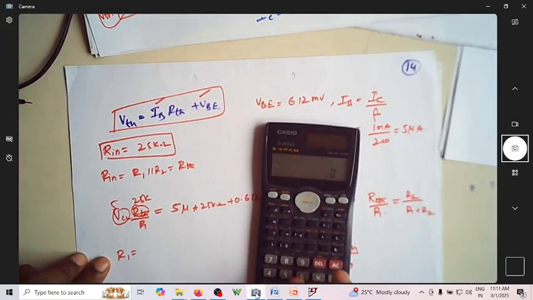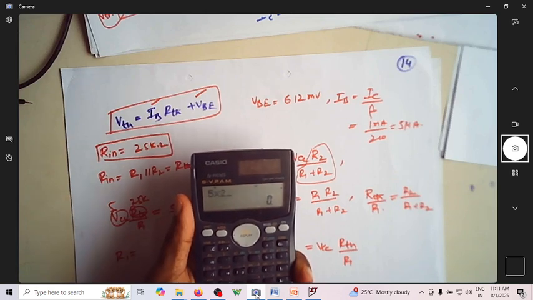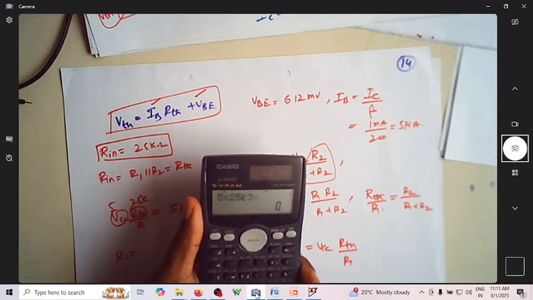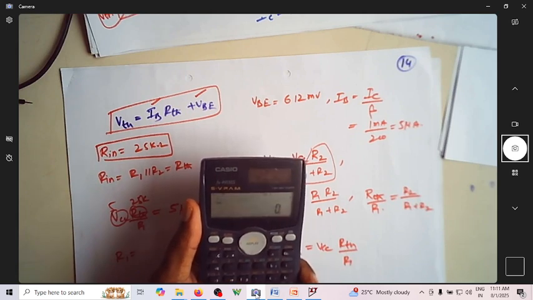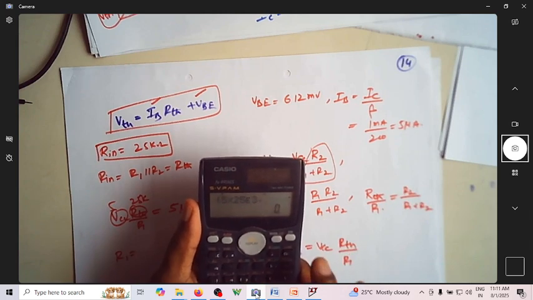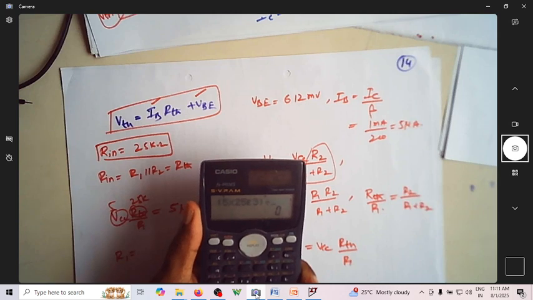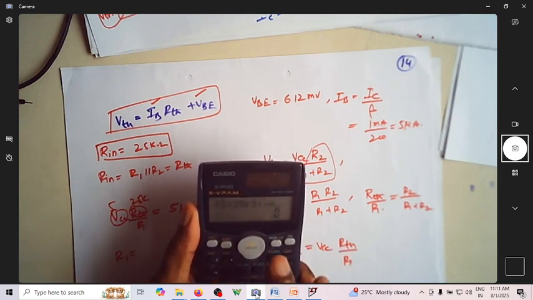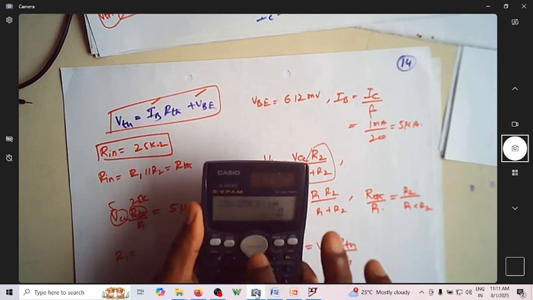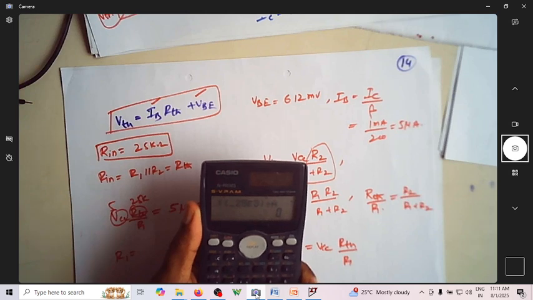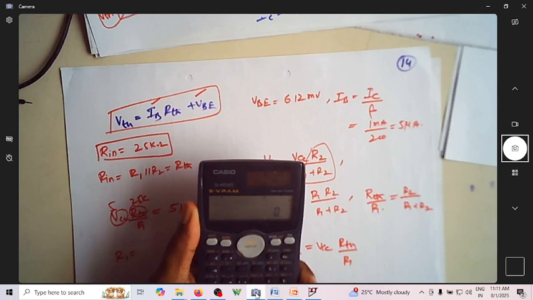So it is 5 into 25 exponential of 3 divided by alpha a. Let me put a parenthesis and close it.